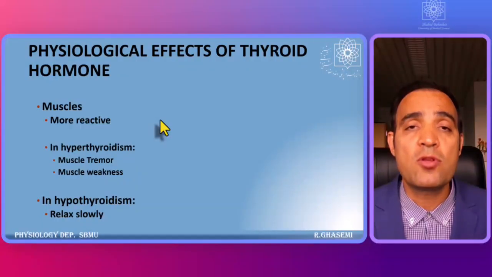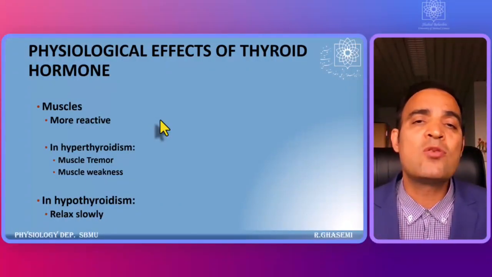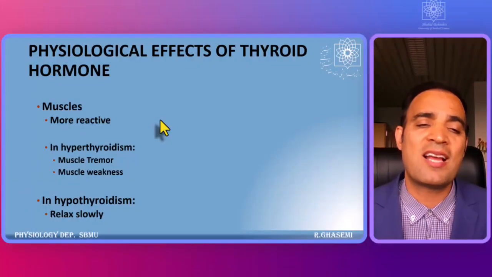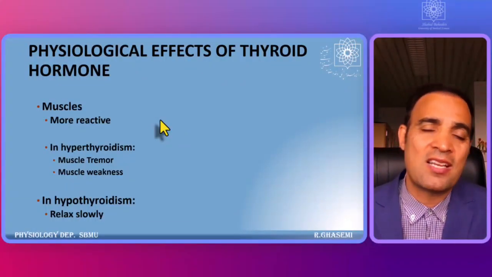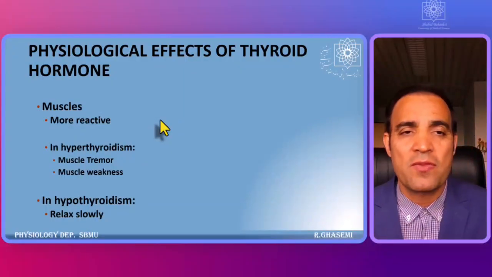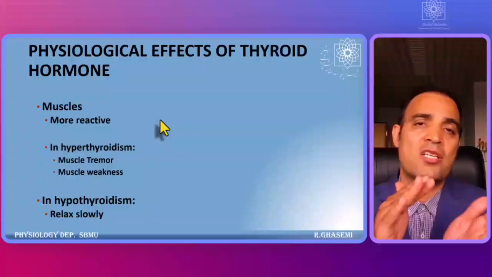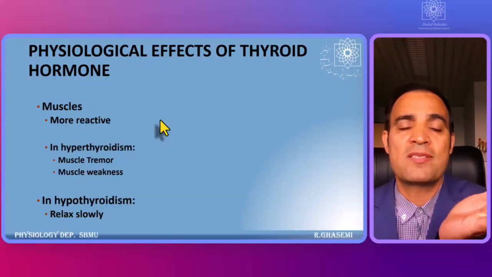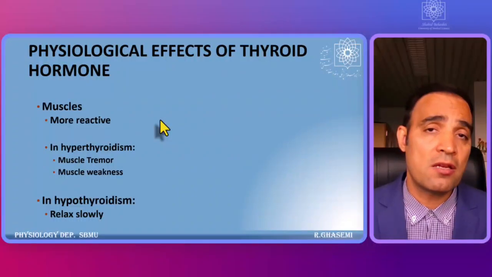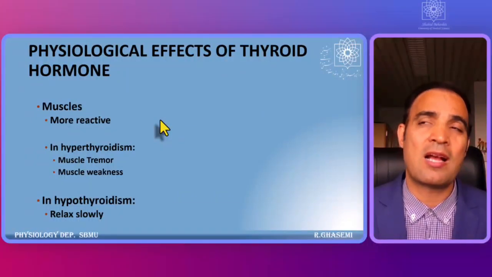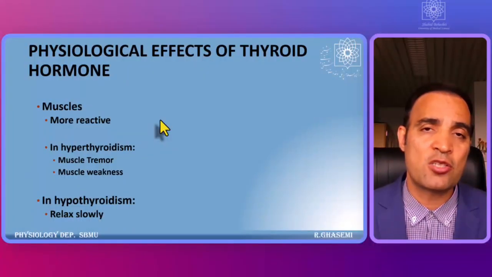And in hypothyroidism, on the other hand, muscles do not work normally. They are relaxing slowly, and their activity time is decreased. Collectively, I can tell you that normal concentration is essential for normal function of the muscle. If in higher concentration, the muscle may be weakened and undermined, and the protein may be degraded as an energy source.